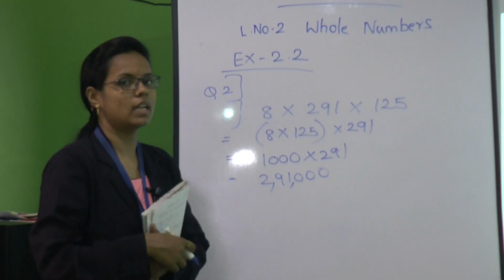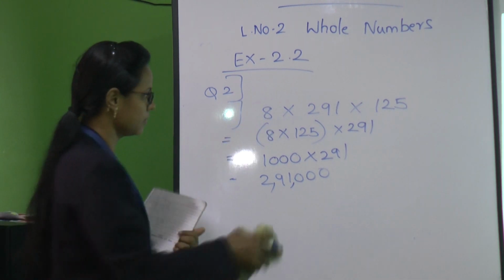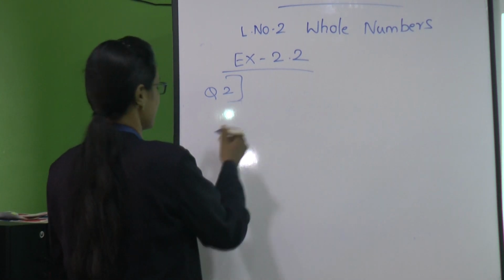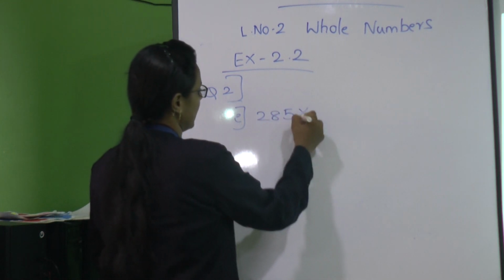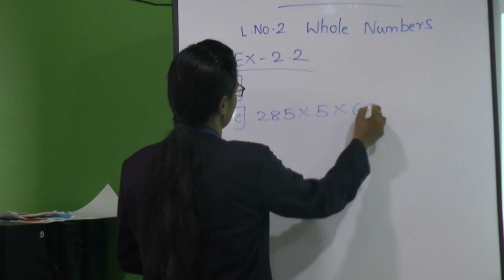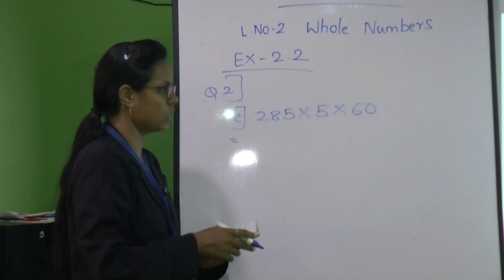Let us take one more example to find the 4 different numbers. Okay students. 285 multiplied by 5 into 60. Okay. See, what will be the answer for this?